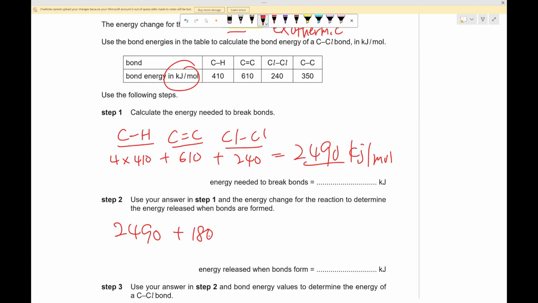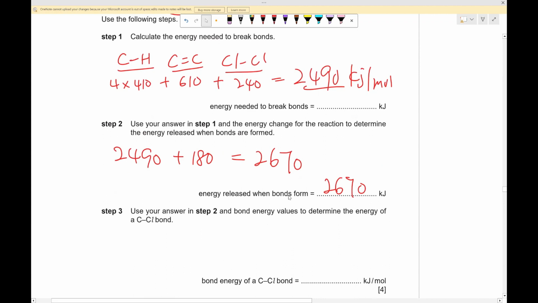This one is actually breaking the bond, so we add back the 180. Before it was lost, the original 180 was his. So that means 2490 plus 180. So it becomes 2670. Okay, so you write down 2670. That means the energy needed to release.